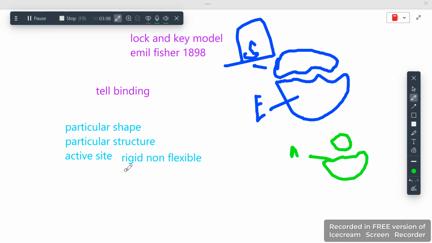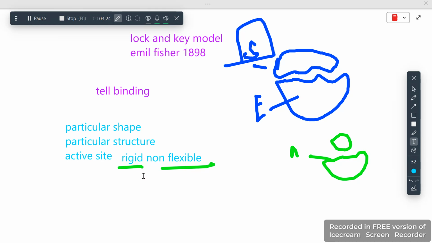So the active site is rigid. This means it is non-flexible and will not change its shape for any substrate. If the substrate is round, of course it will not bind with this enzyme.